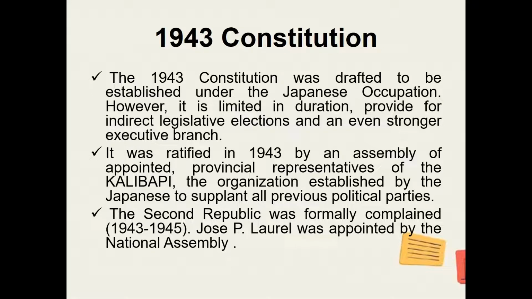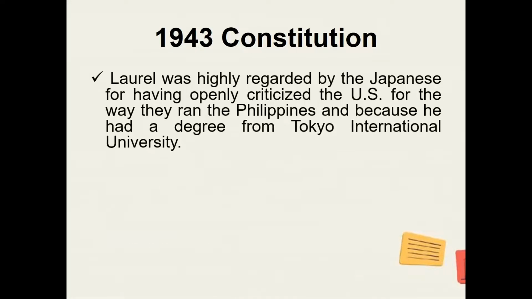Jose P. Laurel, no? Diba we call him the puppet of the Japanese government. He was appointed by the National Assembly. Laurel was highly regarded by the Japanese for having openly criticized the U.S. So if you criticize the U.S., if you dislike the U.S., you are accepted under the 1943 Constitution.